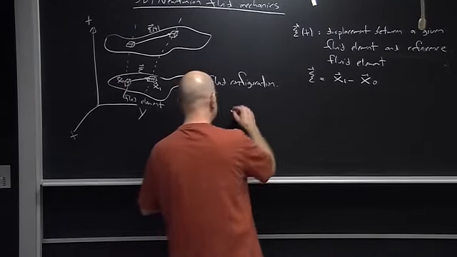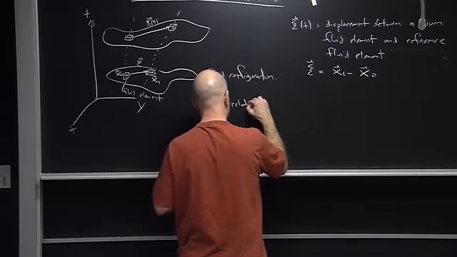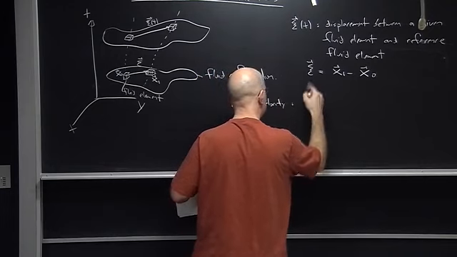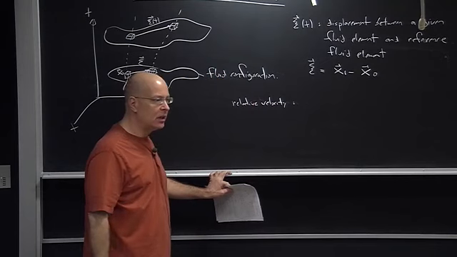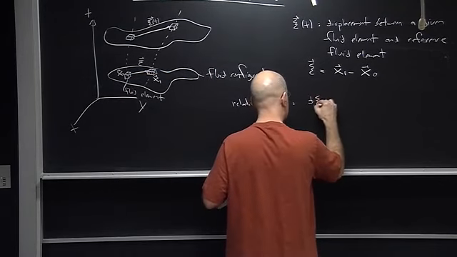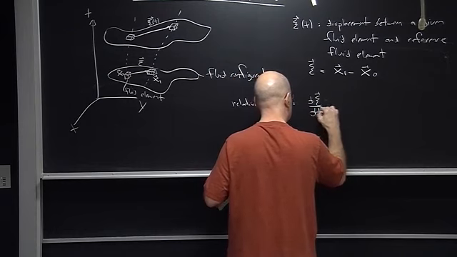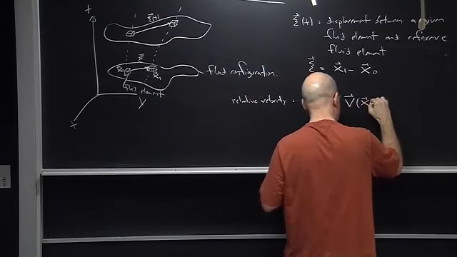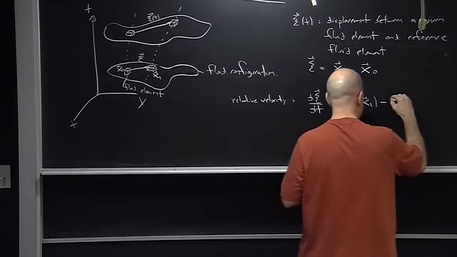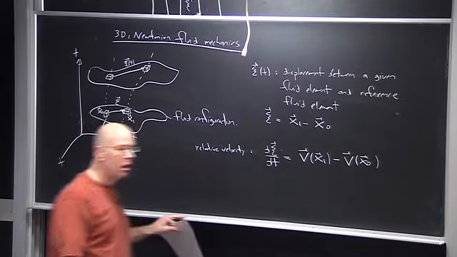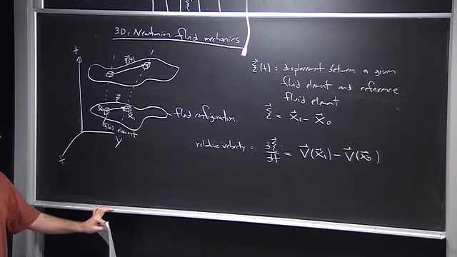So the relative velocity between those two fluid elements, well, clearly it's going to be the time derivative of that displacement vector. And it's going to be the velocity field of the fluid evaluated at x1 minus the velocity field of the fluid evaluated at x naught.